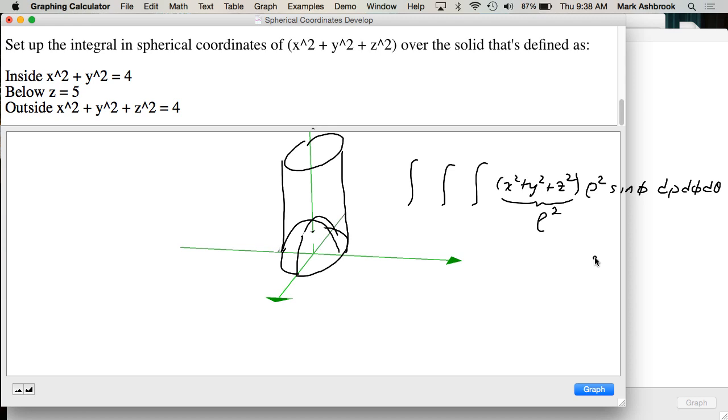The lower limit of integration is how far from the origin does that angle pierce into the solid. What would that be? 2. Radius is 2.